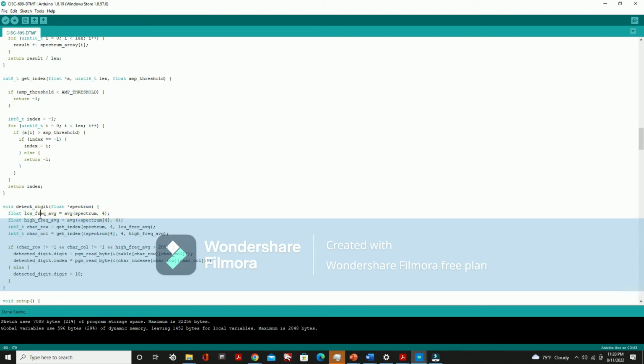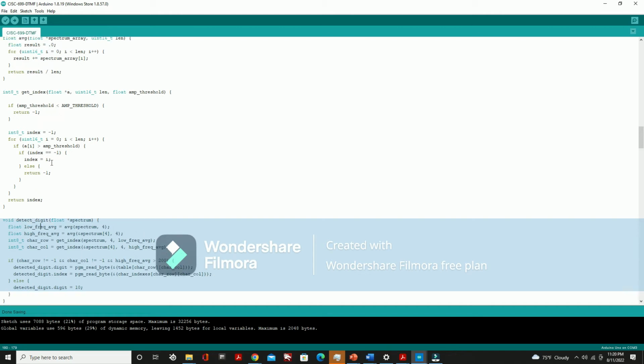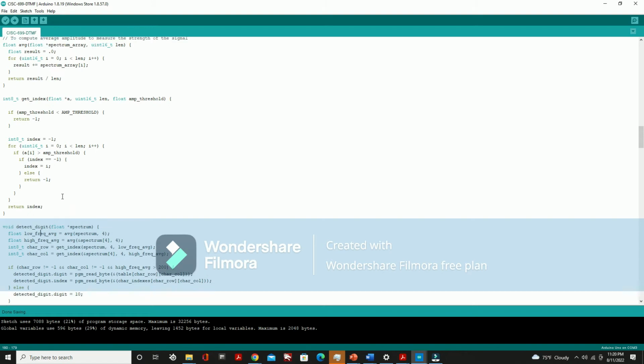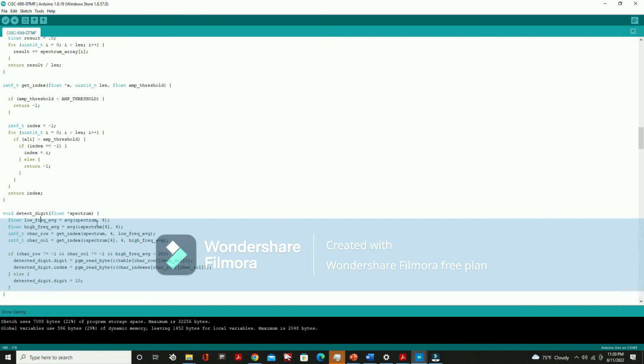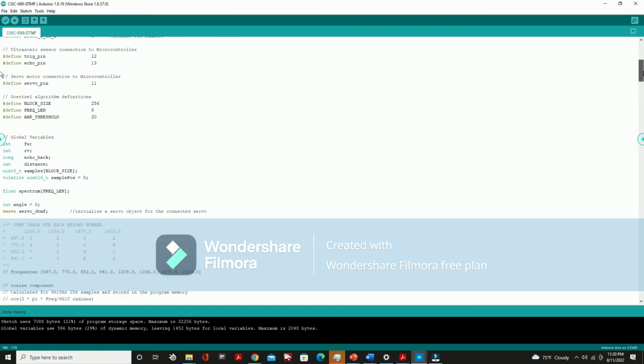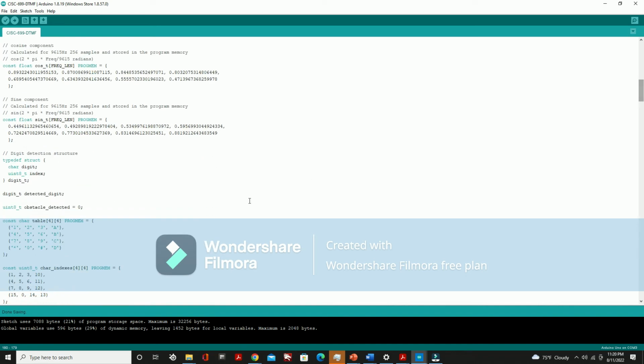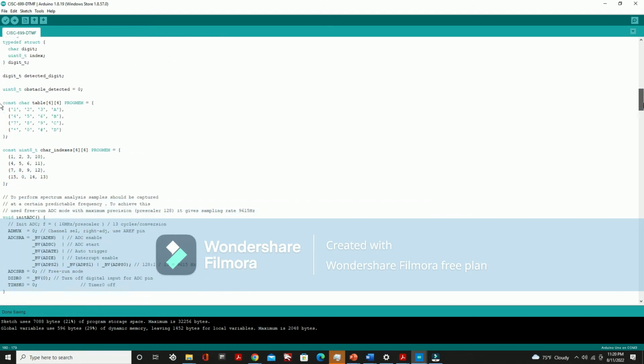The lower frequency average corresponds to the average of all four lower frequency components, and the higher frequency average corresponds to the average of the four higher frequency components, and we get the index of the frequency component so that we can map it with the table I have created above to store the actual digit which has been transmitted by the user.